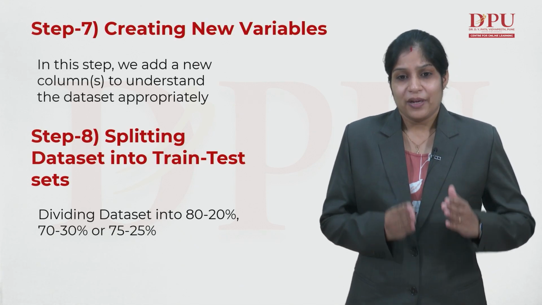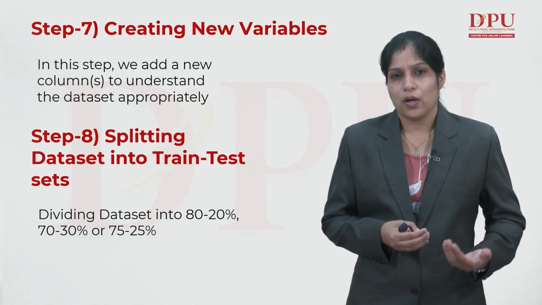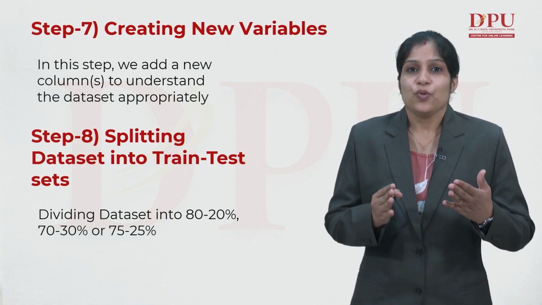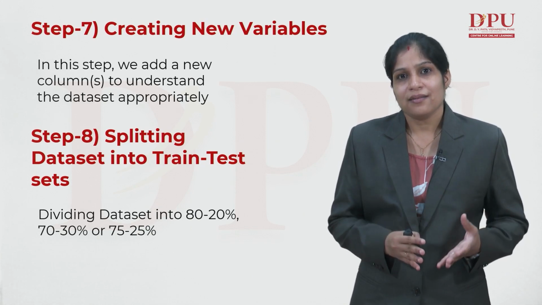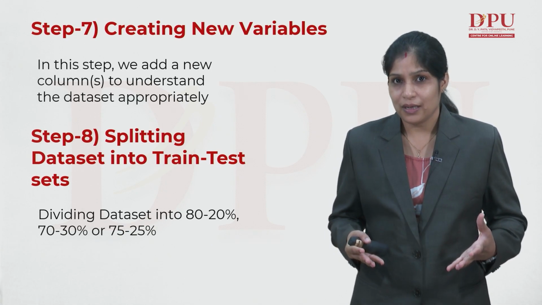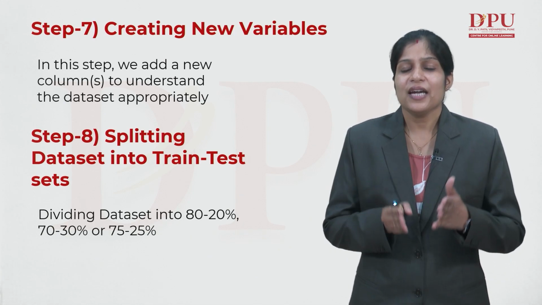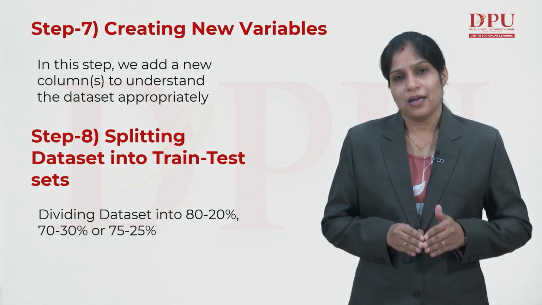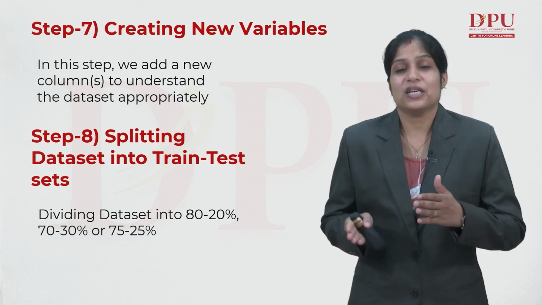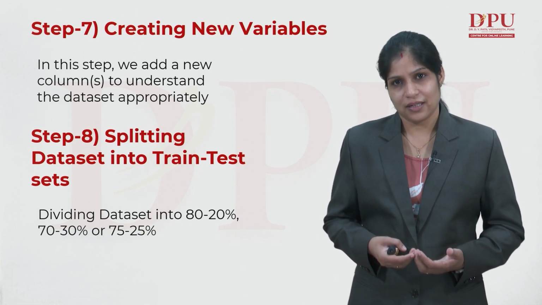Now, the majority of the data set will be used just to train the model. This is why it is known as the train data set. To check whether the model is predicting appropriate values or not, we keep a small percentage of our data set, that is 20%, 25% or 30%, which is called test data.